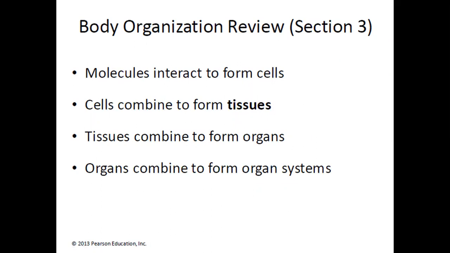I've mentioned a bunch of times a heart muscle cell, a cardiomyocyte, is the major cell type of cardiac muscle tissue. So cardiac muscle tissue is a type of tissue. It's made up of cardiomyocytes, heart muscle cells.